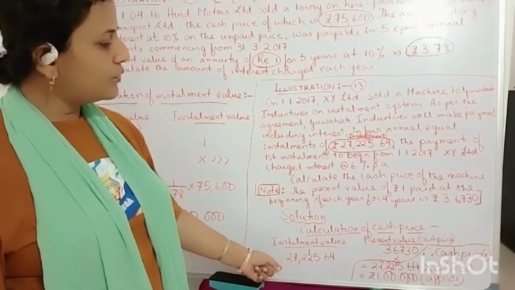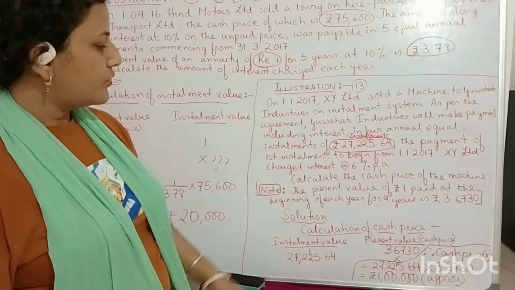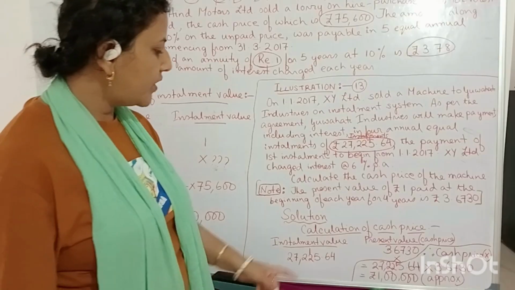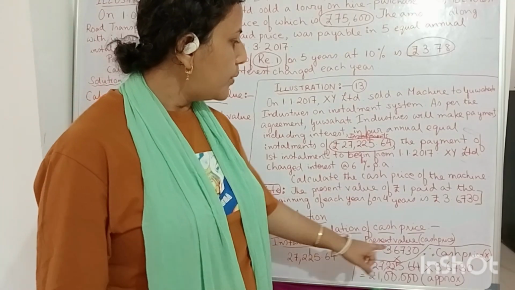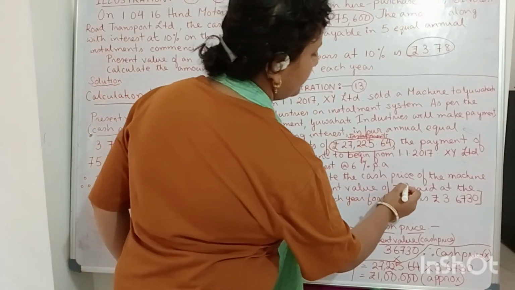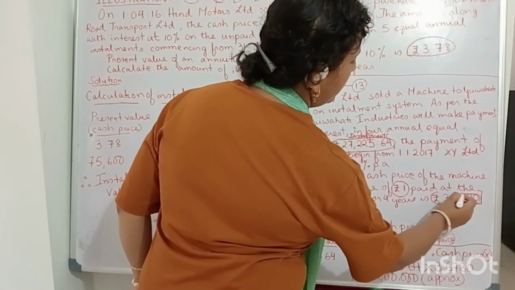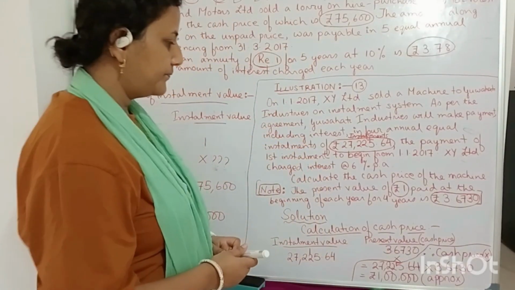So you just have to do the calculation for cash price. When the installment value is 1, the present value is 3.6730. This is the installment value, this is the present value, that is the cash price.